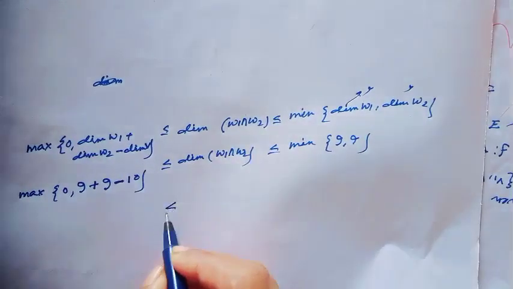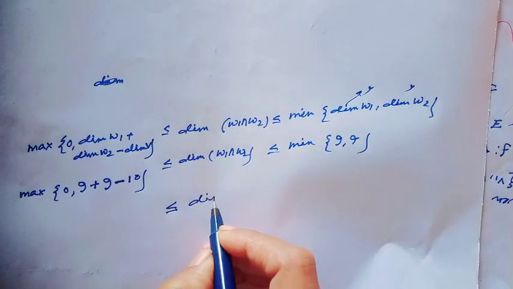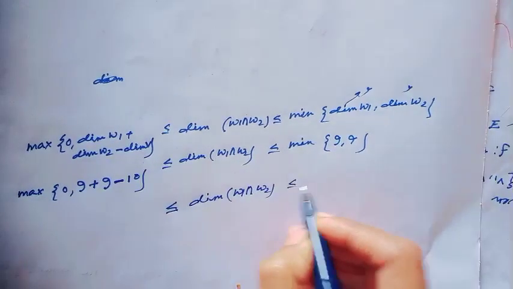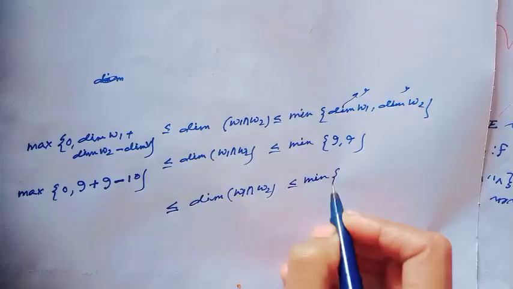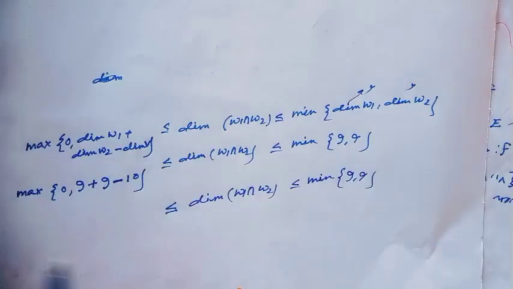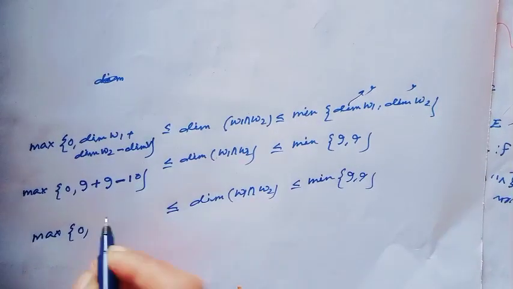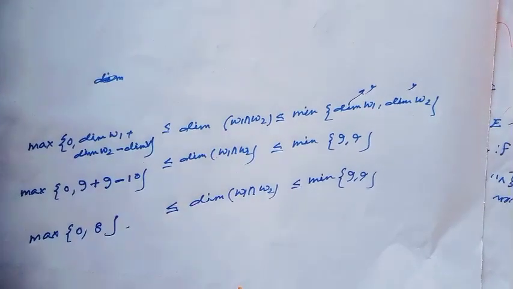That means dimension of W1 intersection W2 is less than or equal to the minimum of 9, 9, and greater than or equal to the maximum of 0, comma, 8.